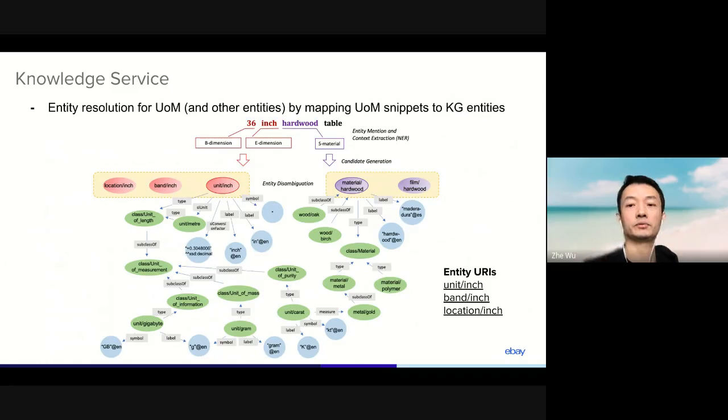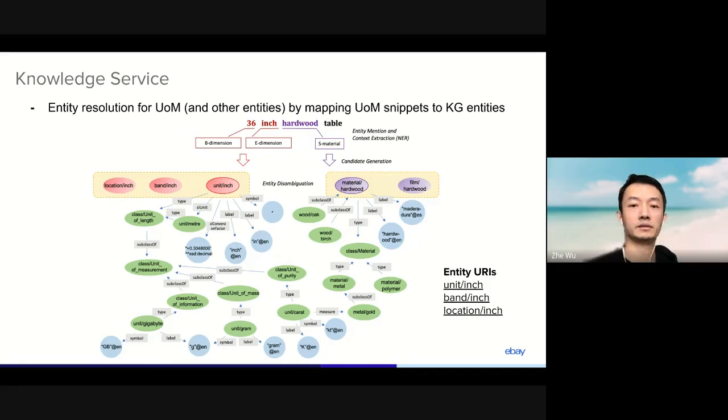Now, to give you a concrete idea of how we do the resolution for a piece of text, which can come from a query or an item title: 36-inch hardwood table. The NER is able to identify the dimension: the beginning of the dimension is 36, the end of the dimension is INCH. It's also able to identify material, etc. This dimension is actually critical because it sets the context.